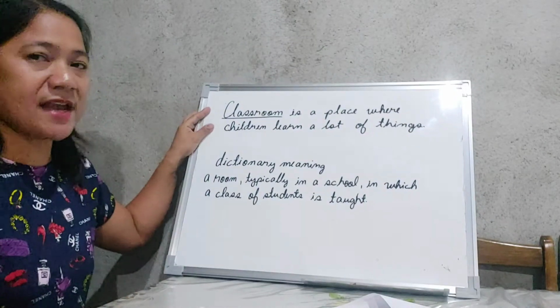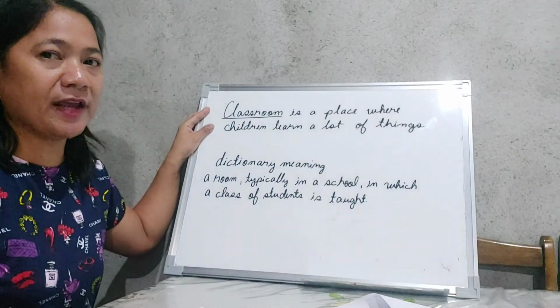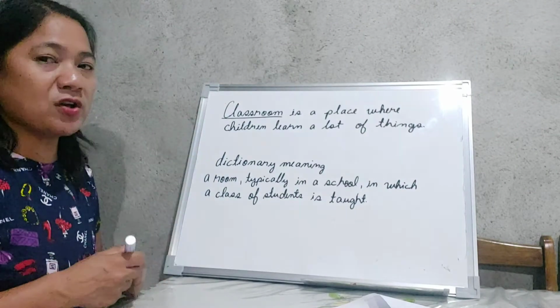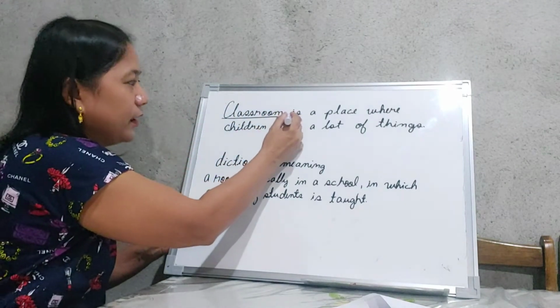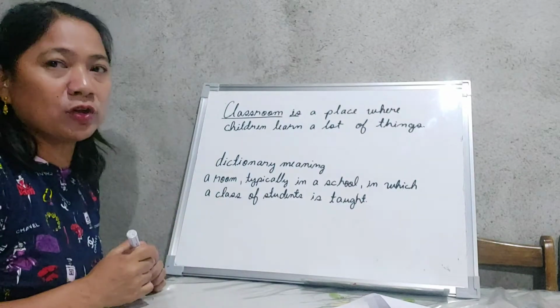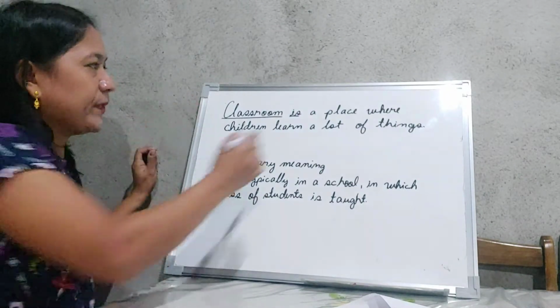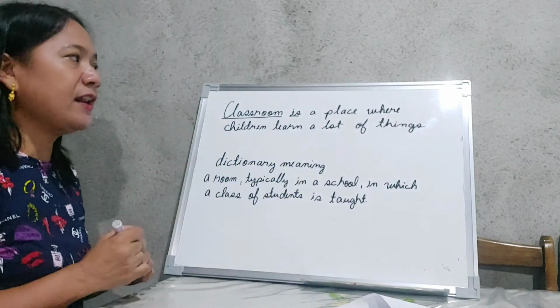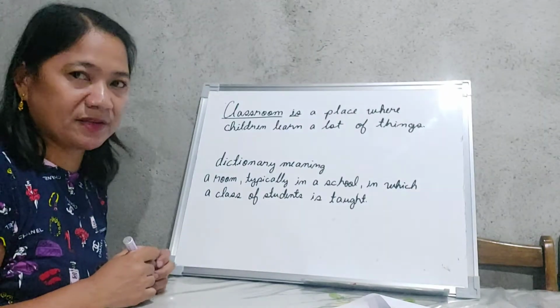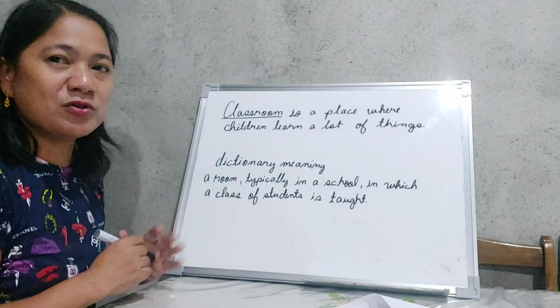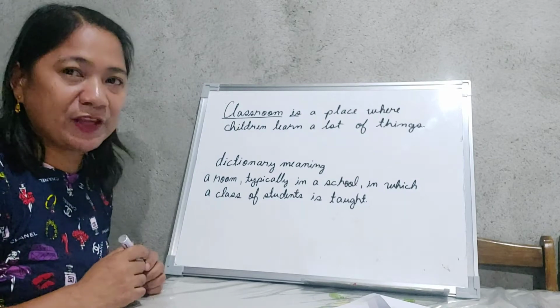So, in this sentence, how can we identify the meaning of classroom? Because we have the signal word is, we conclude that classroom is a place where children learn a lot of things. So, that is the use of the definition clue.